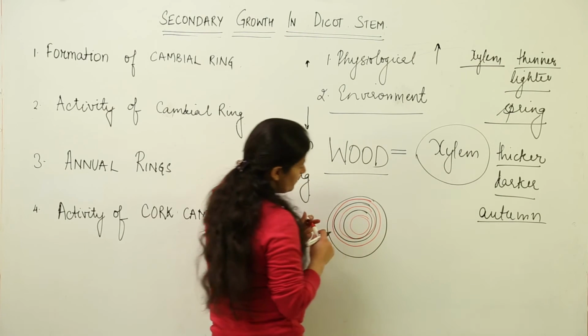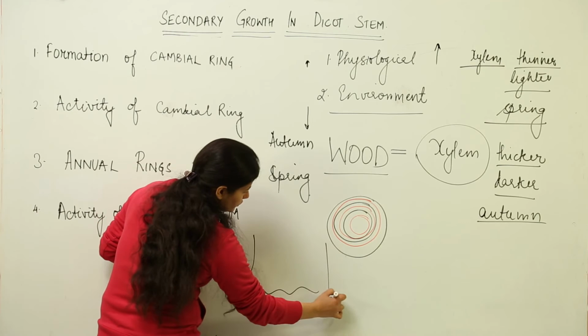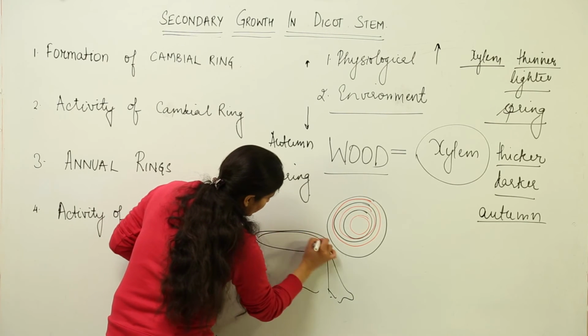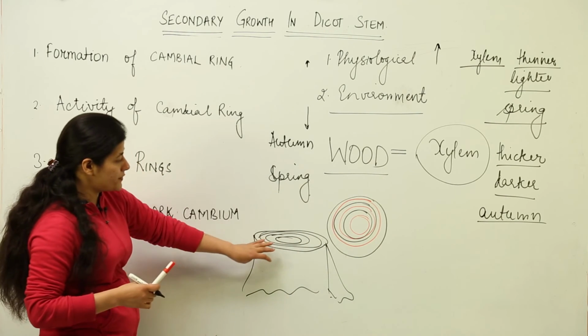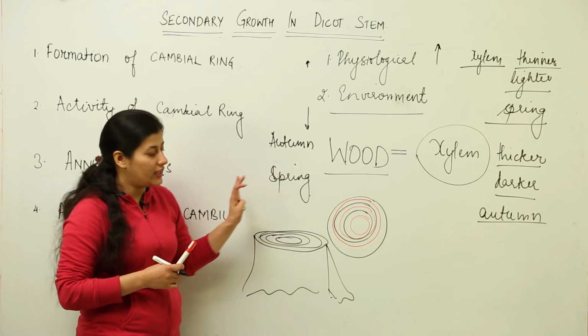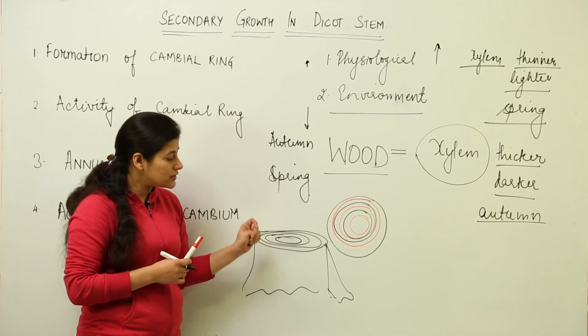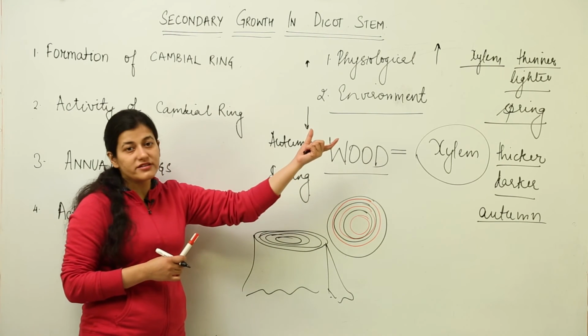In this way, the first representation where I represented that a cut wood tree trunk looks like this, where you have concentric rings. This is formed because of the activity of the cambial ring, and these rings are known as annual rings, and one ring comprises of both autumn wood and spring wood.